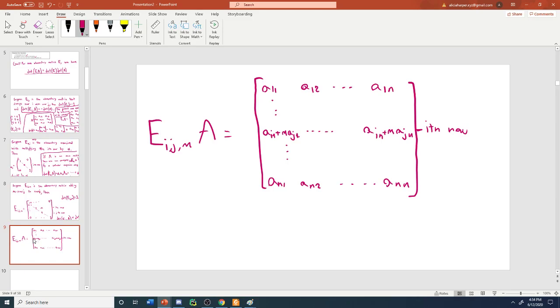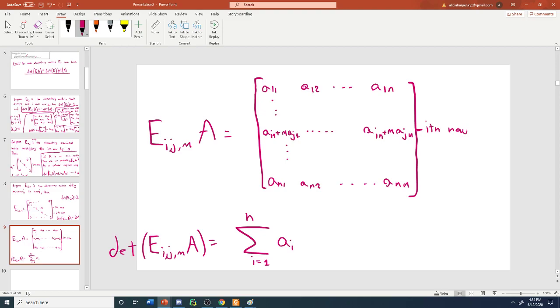And what we're going to do is compute the determinant of this thing by doing a cofactor expansion along the ith row. The determinant of E_{i,j,m} times A is going to be equal to the sum from k equals 1 to n of (a_ik plus a_jk times m) multiplied by the cofactor A_ik.